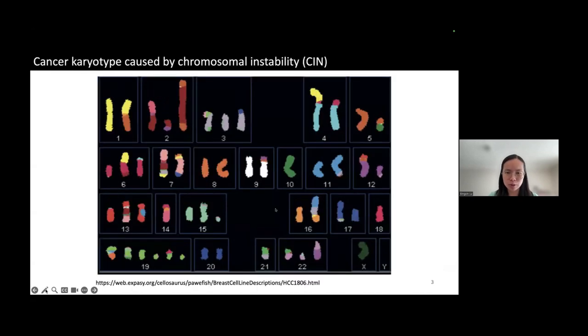However, in a cancer genome, chromosomes are often unstable, showing high rates of segregation errors during cell division, known as chromosome instability, or CIN for short. This can generate numerical and structural chromosome alterations, such as translocations between different chromosomes, chromosome gains, or chromosome losses, and also some segmental level gains and losses.